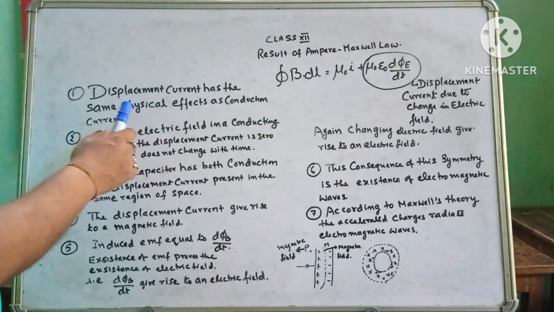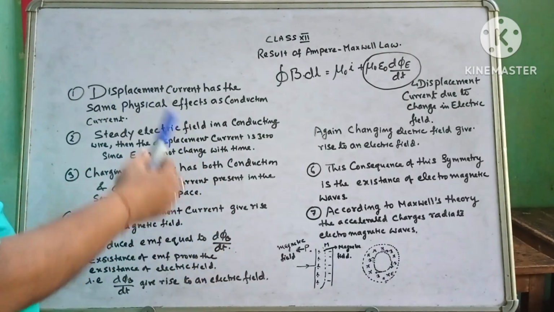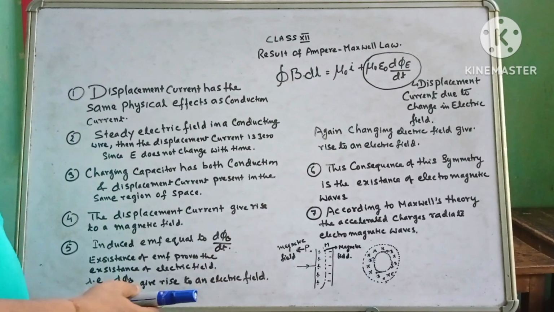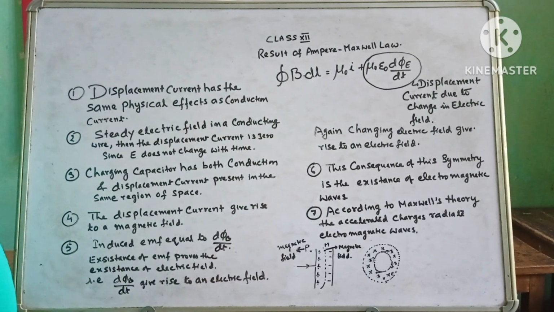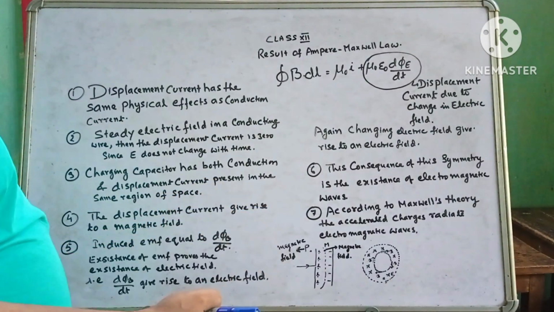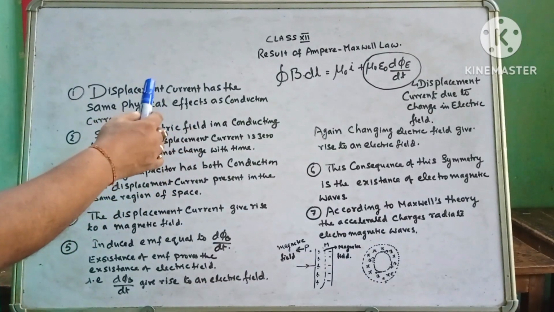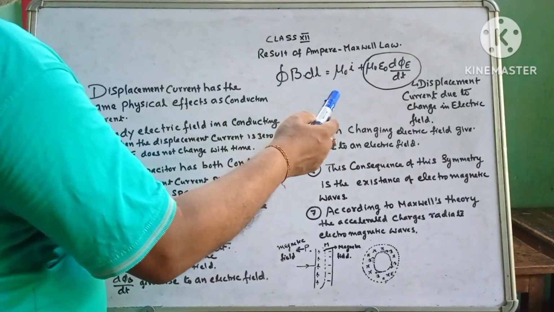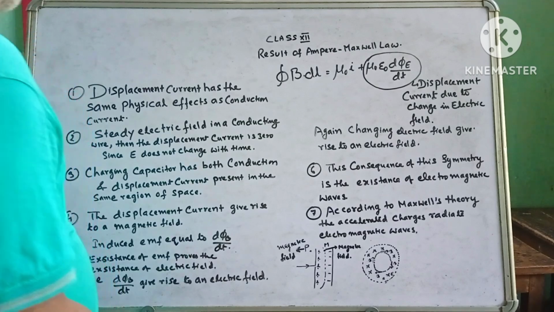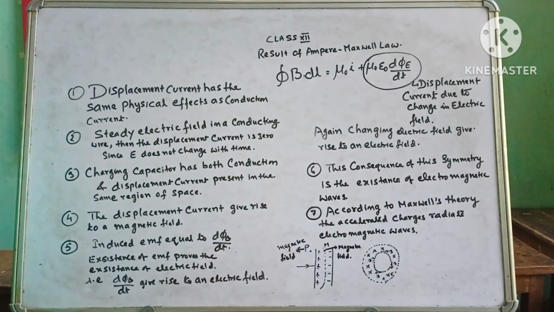They have the same physical effect. That means the current flowing through a wire and the current produced due to the change in the electric field, they are the same.